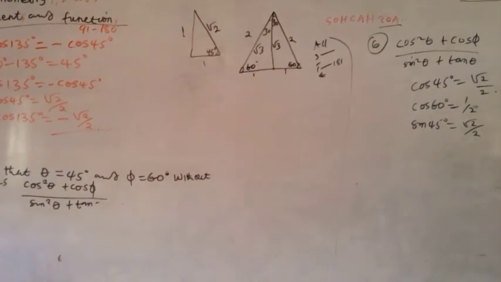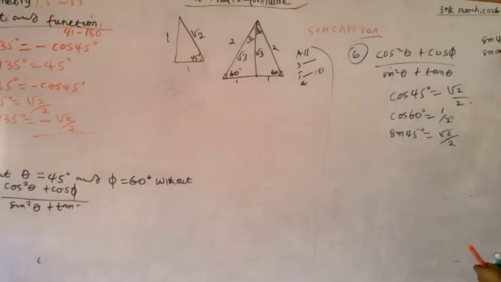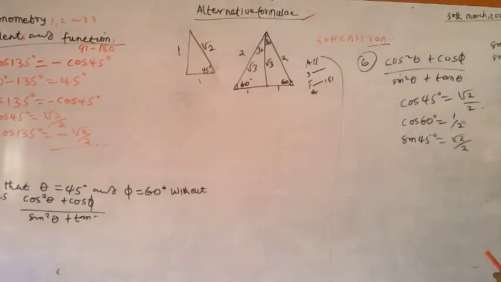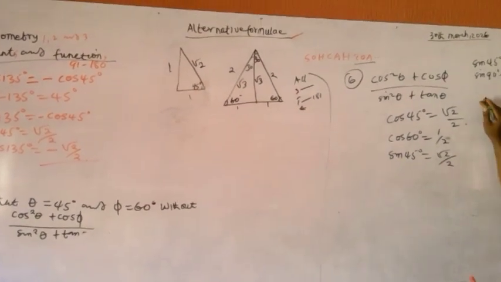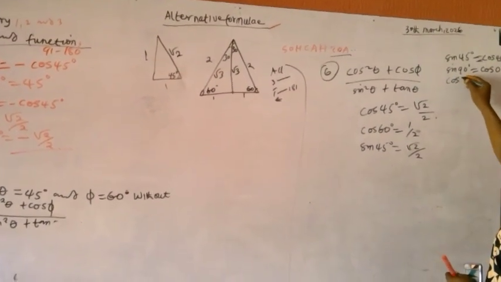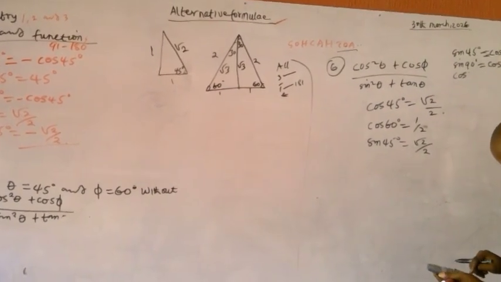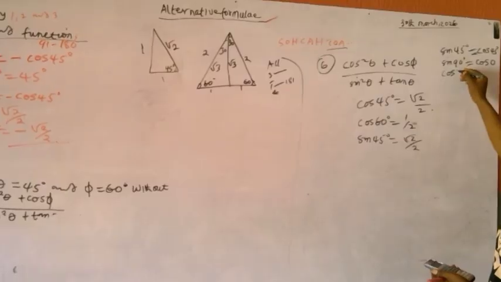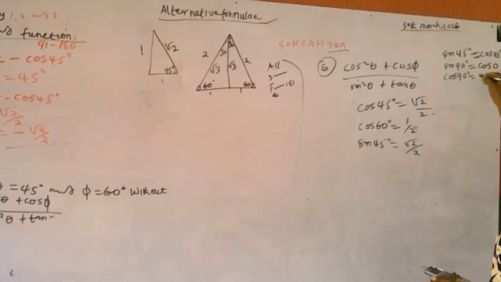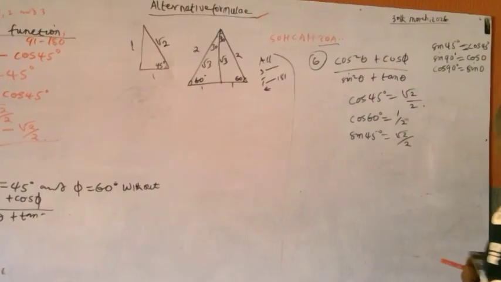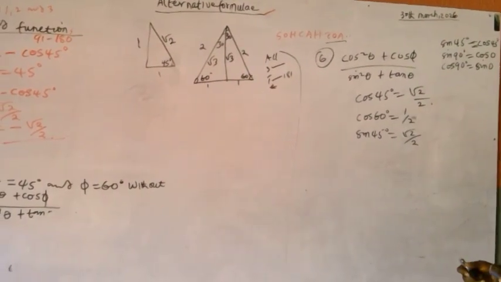And then don't forget that sine 90 degrees is equal to cos 0. They are the same. Don't also forget that sine 90 degrees is the same thing as sine 0. Okay, there are so many other equivalents I will give you as we progress.